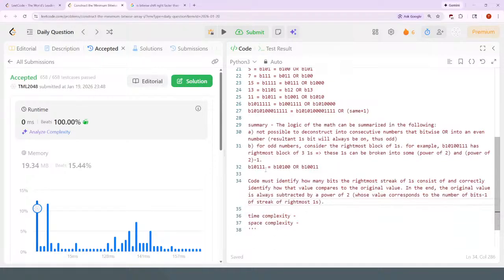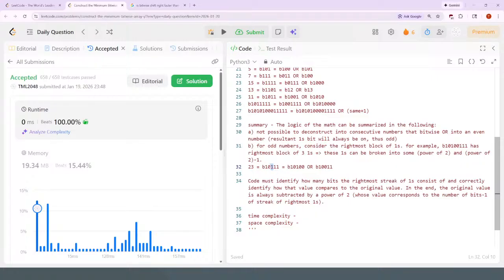So in theory, let's say this is 1, 1, 2, 4. What value is this? 1 plus 2 is 3 plus 4 is 7. 7, this is 8, this is 16, so this is 23. And if you go from 23 to this value here, it's this single bit that you're removing.